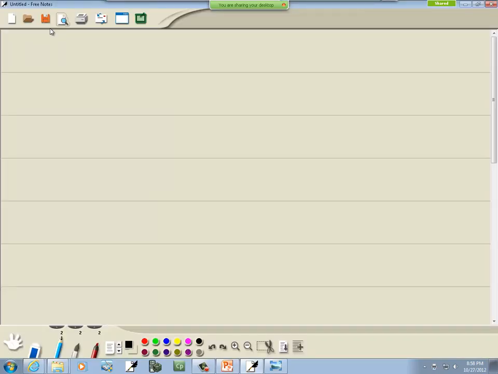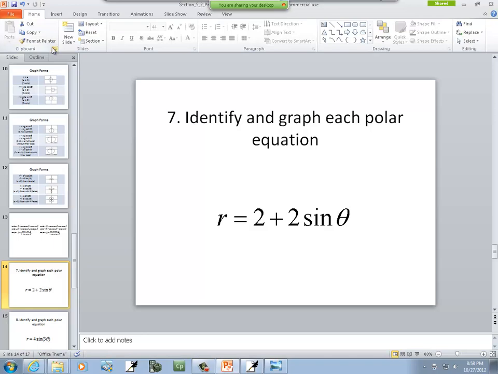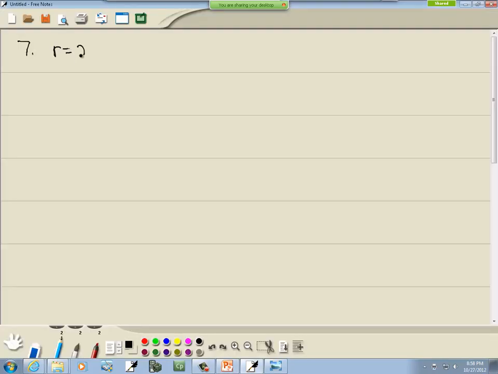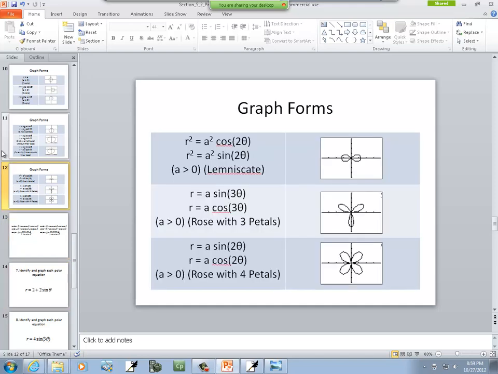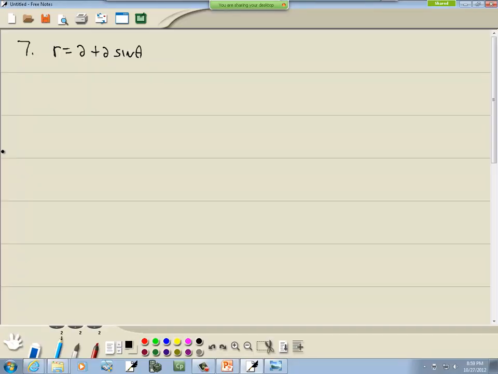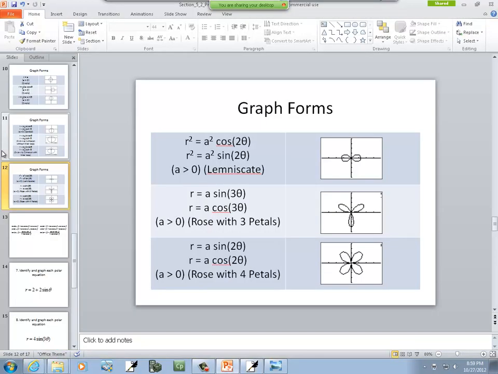So we got 7. We got r is equal to 2 plus 2 sine theta. Let's first identify it, and then we'll graph it. We got r is equal to 2 plus 2.